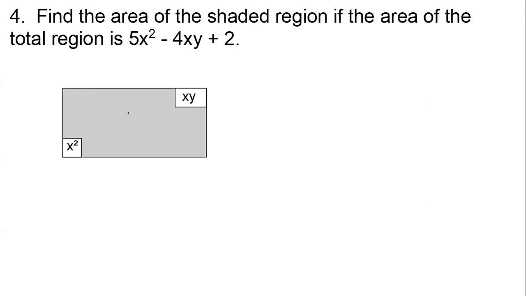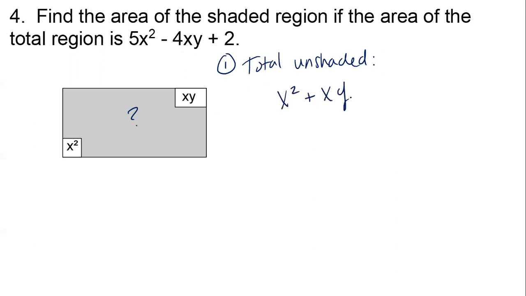Okay, so we're looking for the shaded. The first thing we need to do is find the total of the unshaded. And that's easy enough. Our unshaded is x squared and xy.